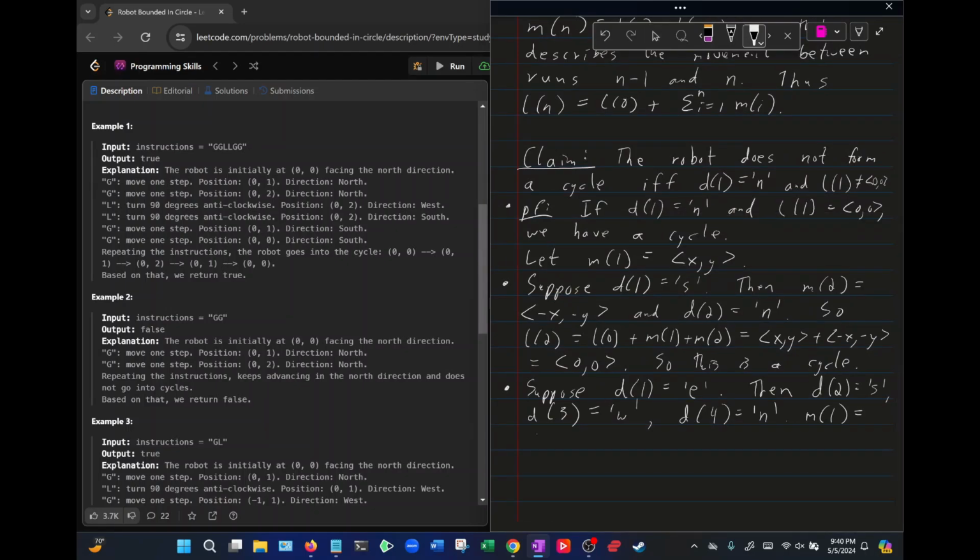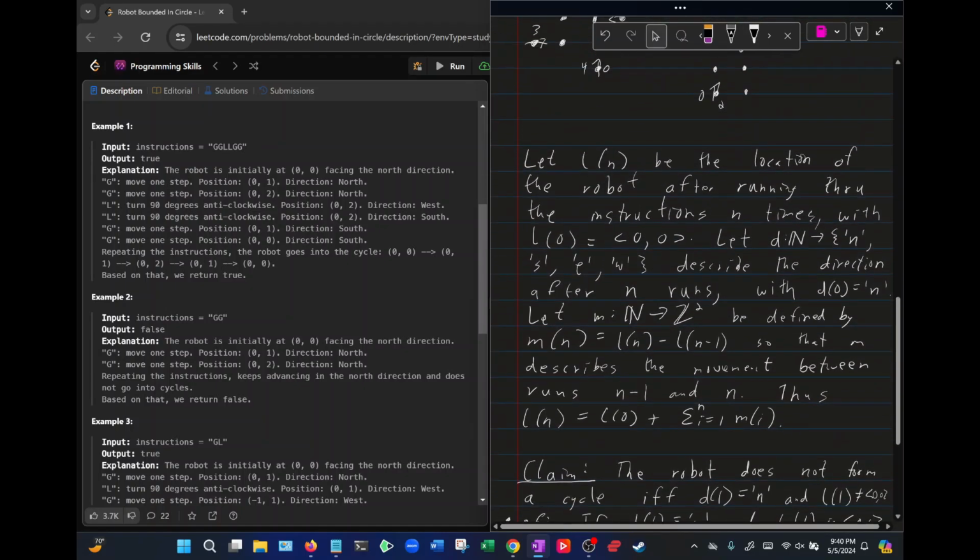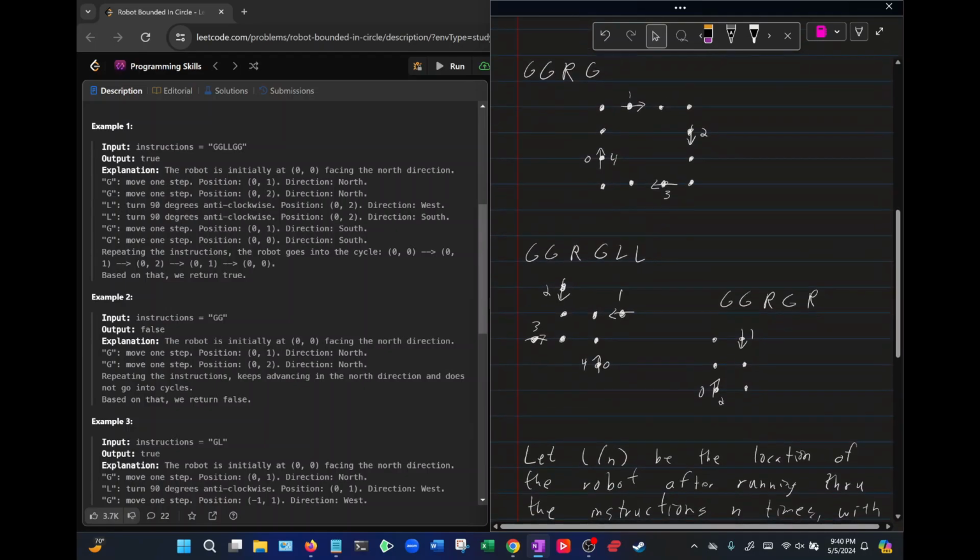Okay, so M1. We know that M1 is x comma y. So what is M2? Let's look at our example. This one up here was an example where we ended up facing right. So we moved one positive unit to the right and 2 positive units up. So the value of x here is 1 and the value of y is 2.